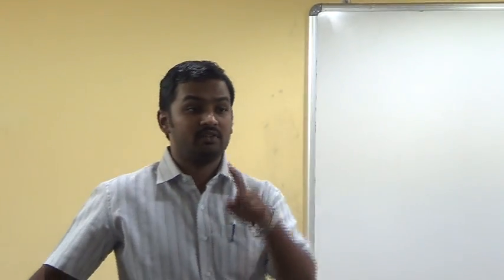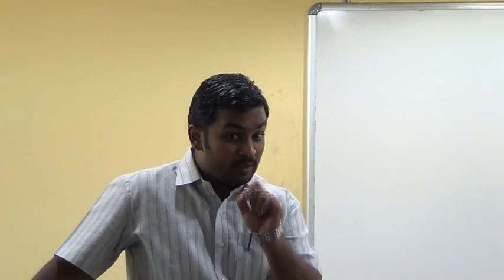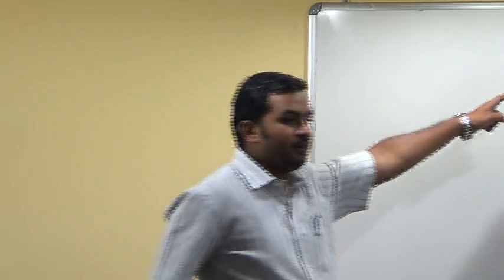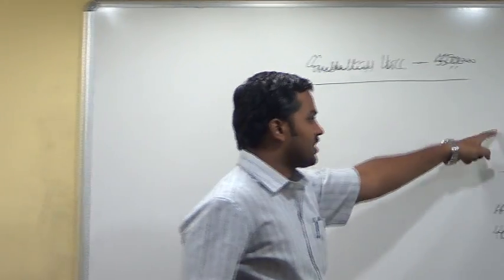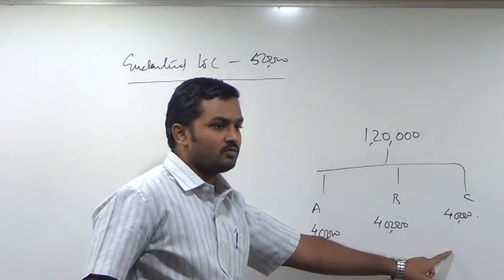But what was the condition when C was admitted? He should get minimum 50,000, not maximum. He wants minimum 50,000, but when the profits are shared, he is getting only 40,000.